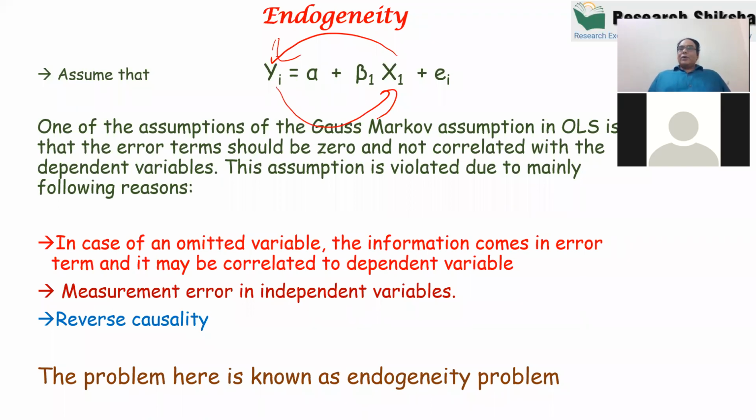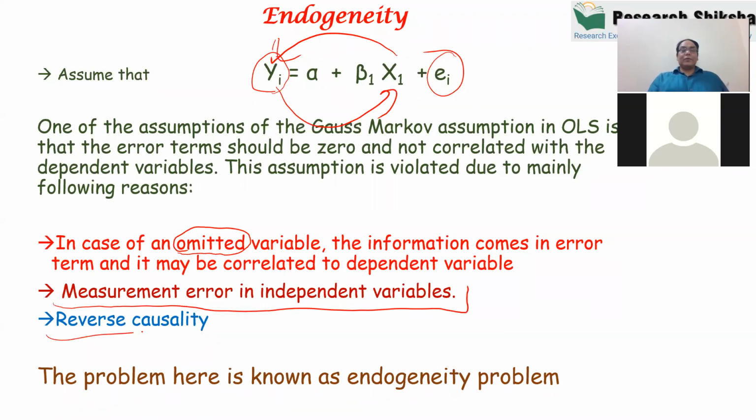So I hope you now understand when this error term can be correlated with the dependent variable. There are three possibilities. If you are not including an important variable, that is the omitted variable; you are having a problem in measuring the independent variable; and third, you have the possibility of reverse causality.